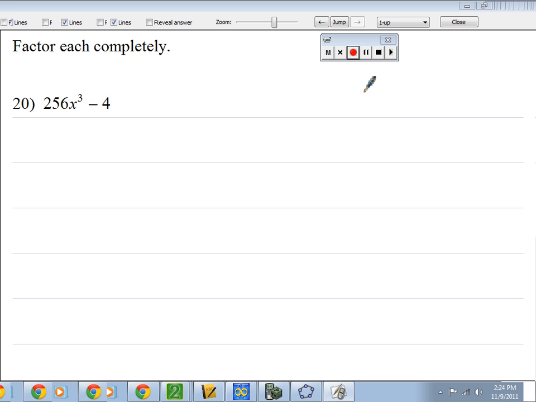A minus B, A squared plus AB plus B squared. Okay, now this is my difference of cubes general case. So all I need to do is identify what one's A and what one's B, and I'm good.